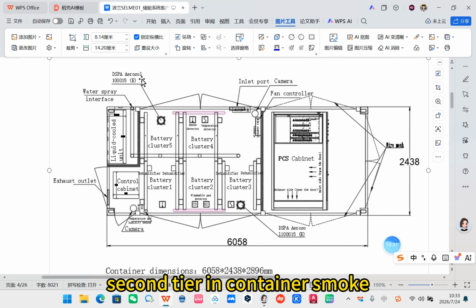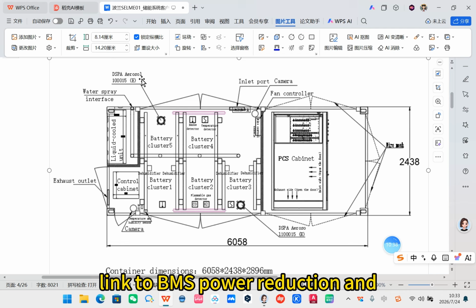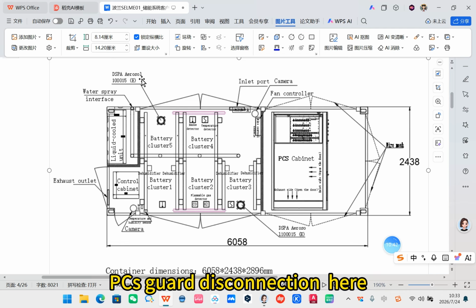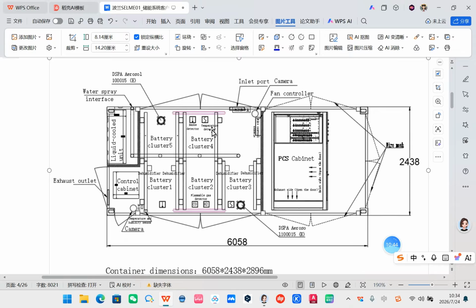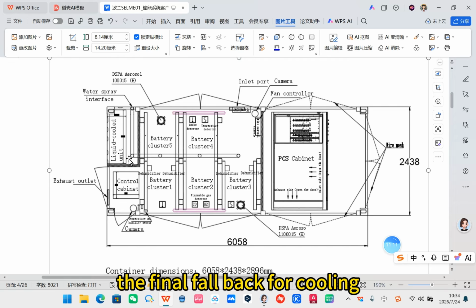Second tier: in-container smoke, temperature and gas detection linked to BMS power reduction and PCS grid disconnection. Third tier: the water mist interface on the left, the external water source connection as the final fallback for cooling.